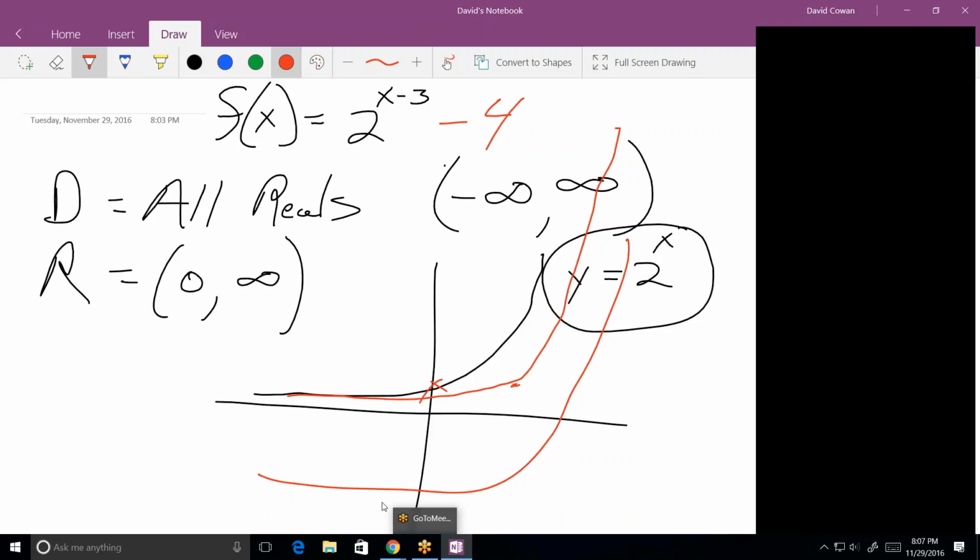Right, and the asymptote would be x equals negative 4. Or, sorry, y equals negative 4? Yes. The asymptote in the function you gave me is what? Just y equals 0. Okay, and it's a horizontal asymptote. Right. Yes. If I put a negative 4 in there, then it would move that horizontal asymptote down by 4 units.